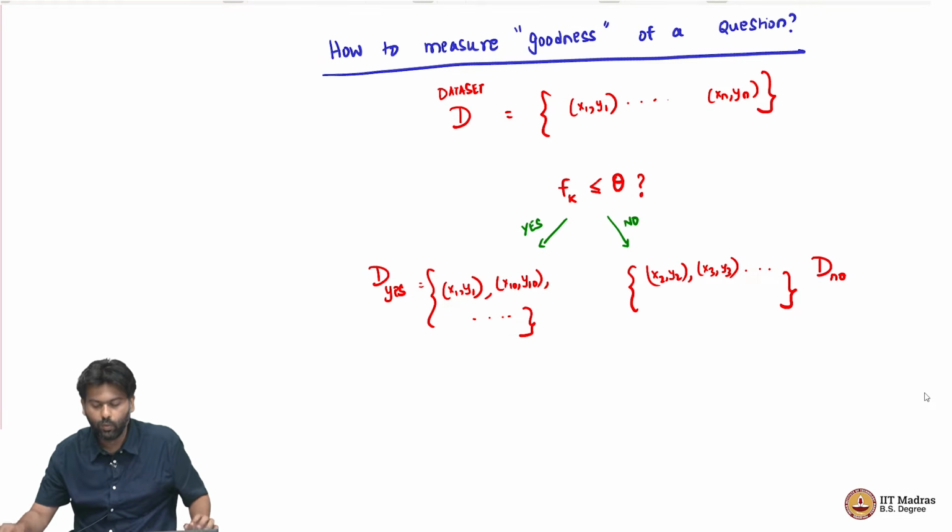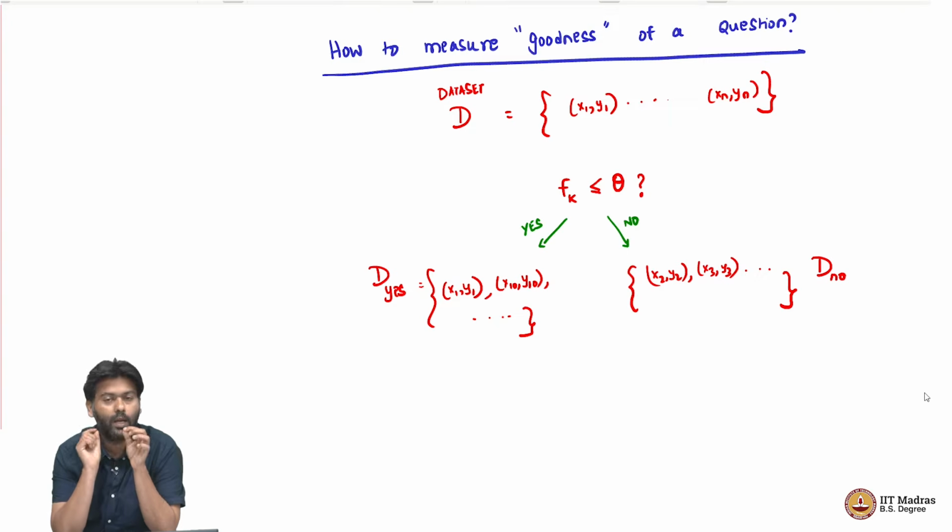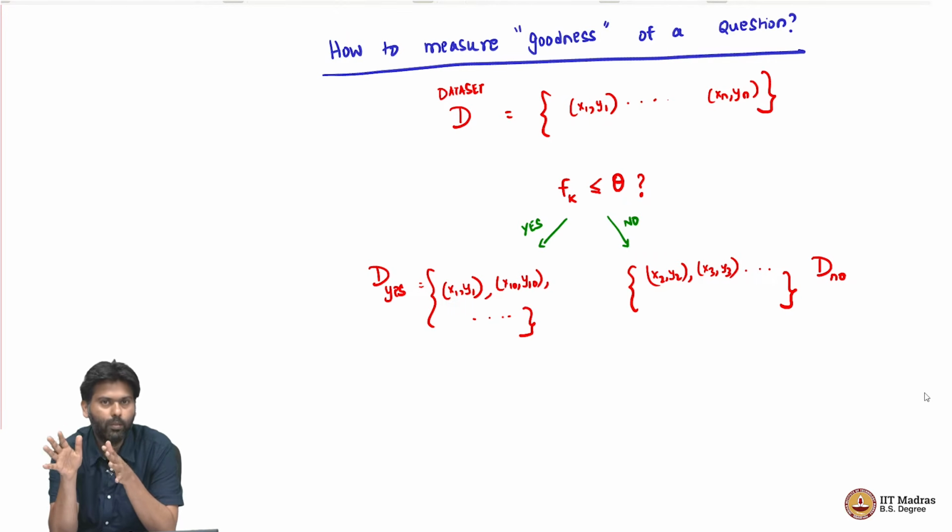Now, what would be an ideal question? A really good question should have what property? Well, the best possible question should have the property that I should be able to make a prediction by just asking this question. When will I be able to make a solid prediction by asking just this question?